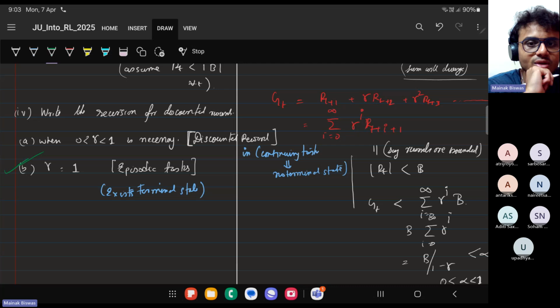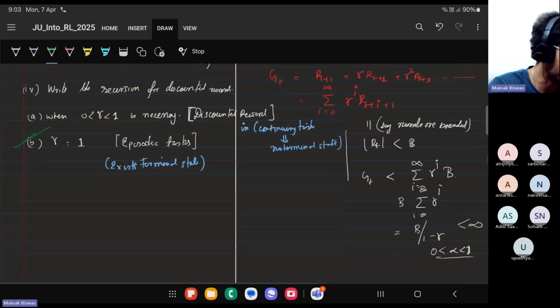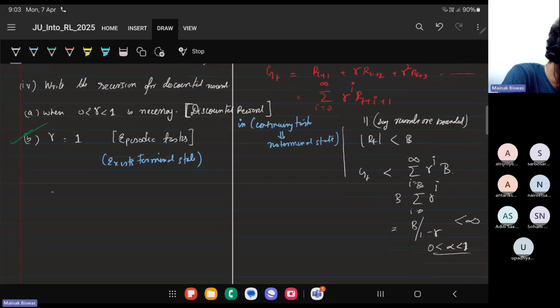So let us take an example of a continuing task without a terminal state. Say you have to train an automatic bicycling robot, which has to keep on cycling. So there's this cycle that it has to balance.